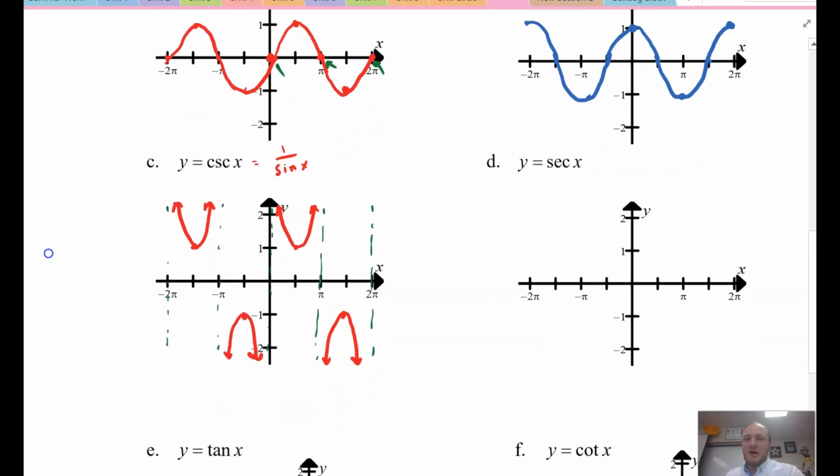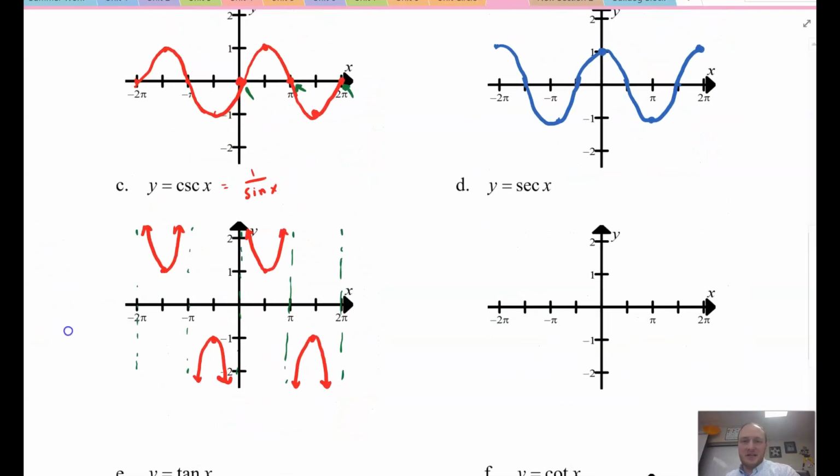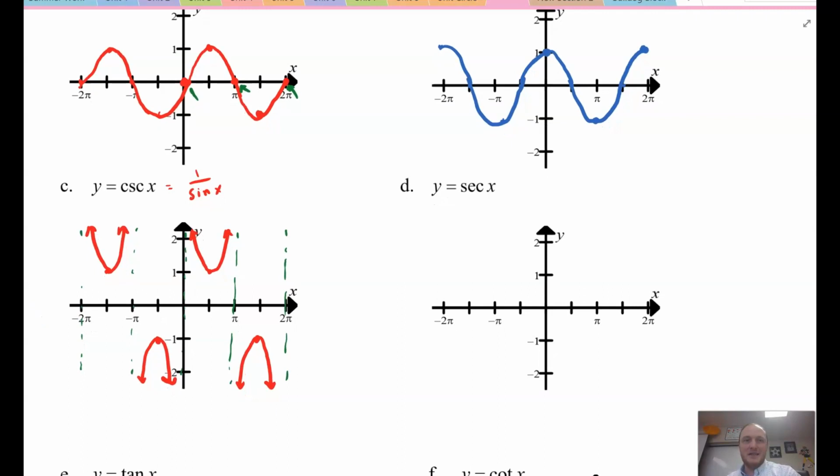Now let's talk about the secant function. Same idea. Where does cosine cross the x-axis? Here, here, here. So there are going to be asymptotes at all of those locations: an asymptote at negative 3 pi halves, at negative pi halves, at pi halves, and at 3 pi halves.